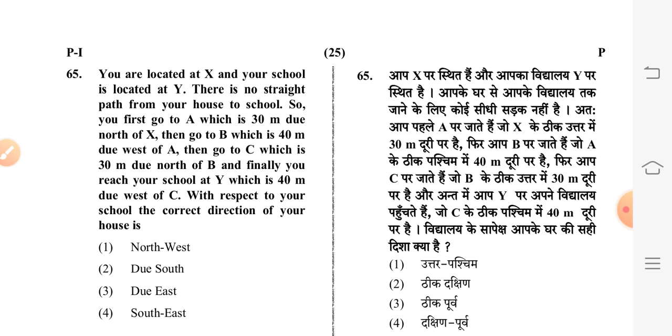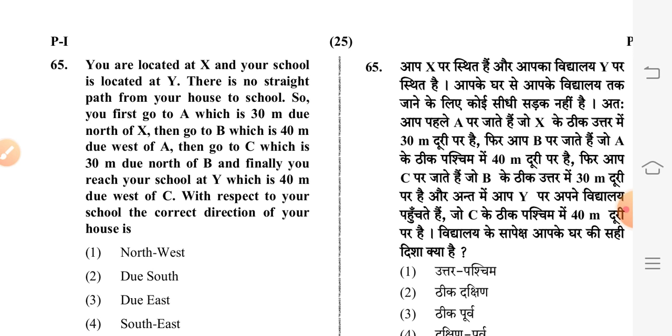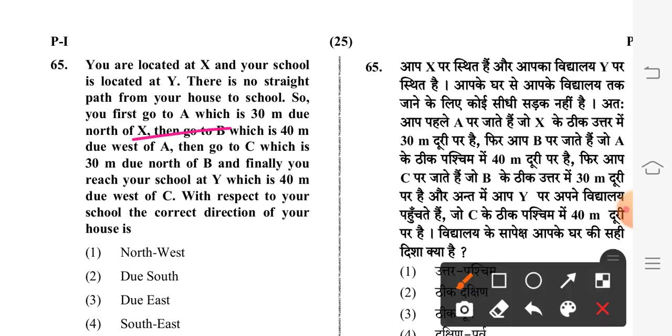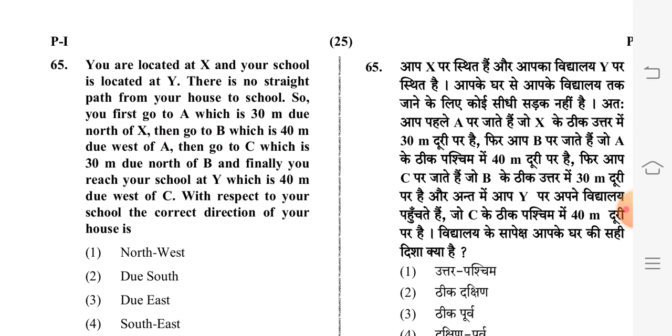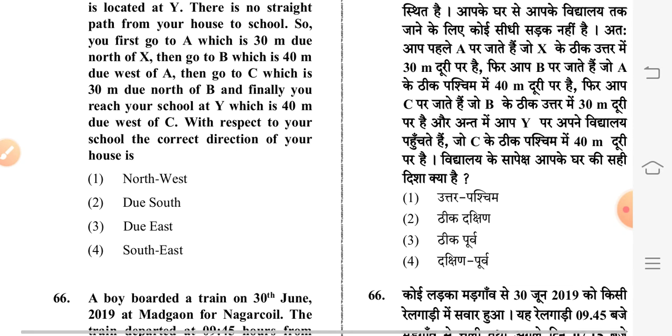So you first go to A, which is 30 meters due north of X. Then go to B, which is 40 meters due west of A. Then go to C, which is 30 meters due south of B. And finally you reached your school at Y, which is 40 meters due west of C. With respect to your school, the correct direction of your house is what? Correct option is fourth one, southeast. So this is correct option.